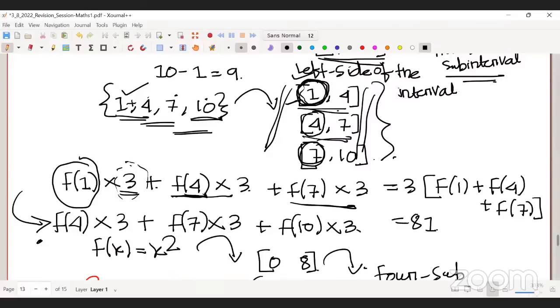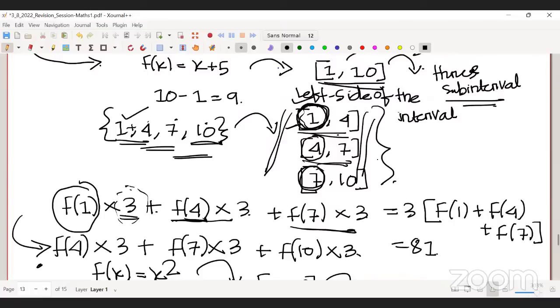If it is asking for the middle Riemann sum, then you have to take the middle points of each interval. For the first interval, what is the middle point? 4 plus 1 is 5, so 5 by 2.